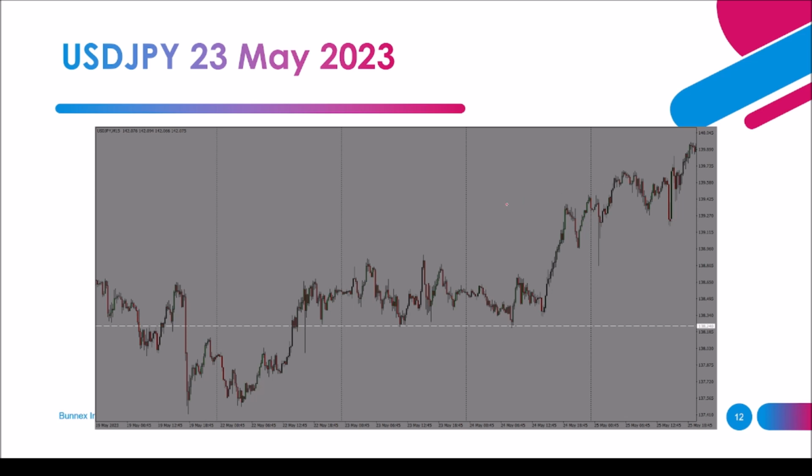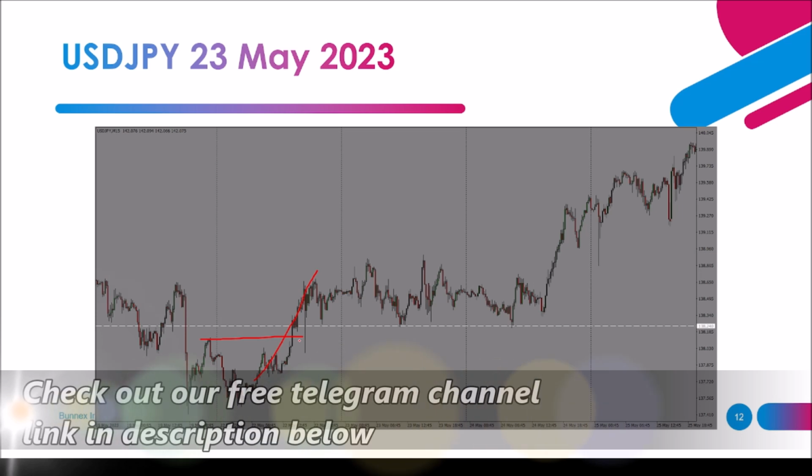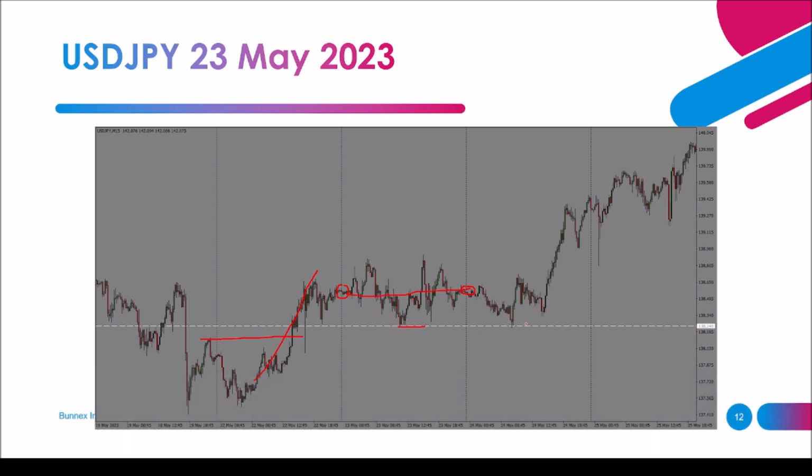Then here's another example where we had a rally that broke structure. Then after that, we had a day of consolidation, opening price almost equal to closing price. Then this was the low, and on the following day, we had a bullish engulfing pattern here, and the market went to our direction.